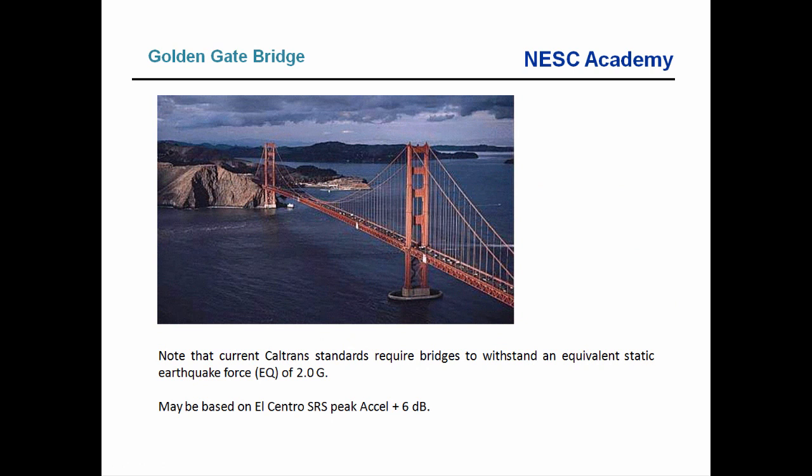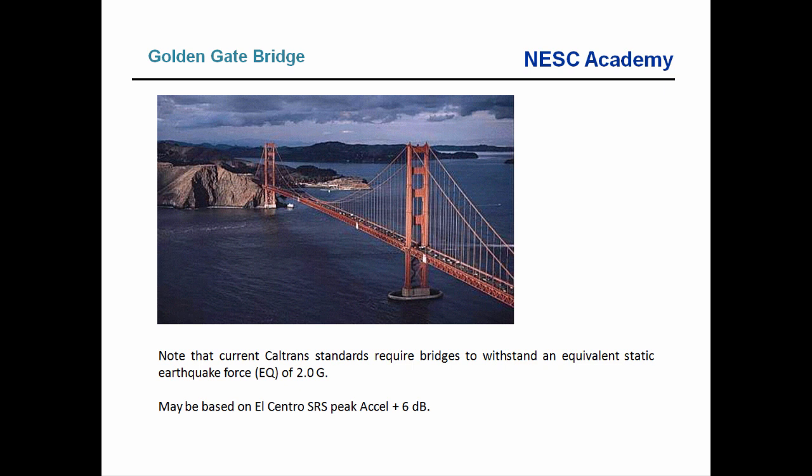In one of the very first webinars, maybe in fact the first one, we talked about natural frequencies of structures. Well, Caltrans, the California Department of Transportation, has a standard that requires bridges to withstand an equivalent static earthquake force, EQ, of 2.0 Gs. Where did that come from?